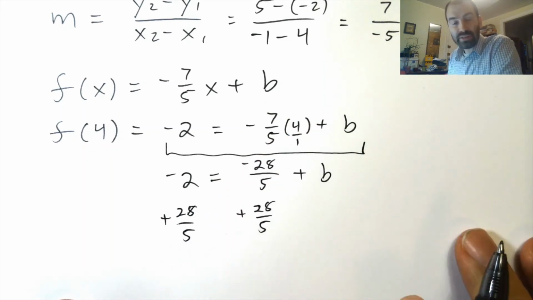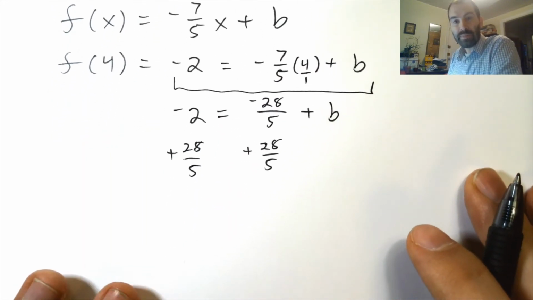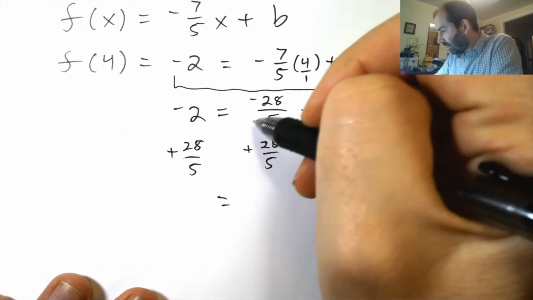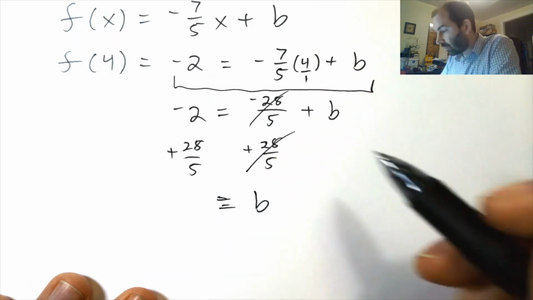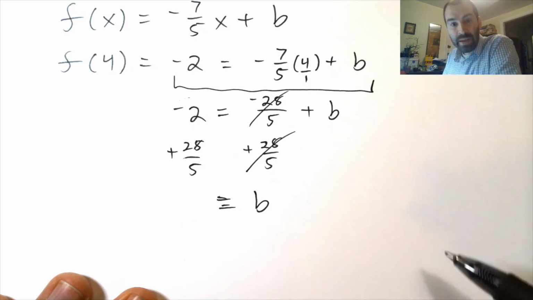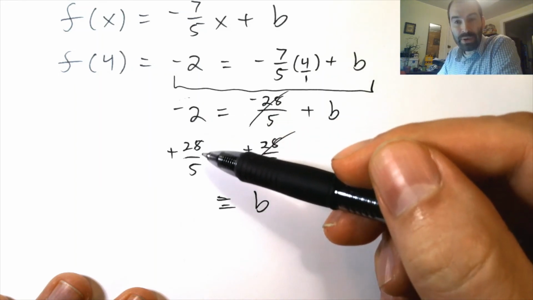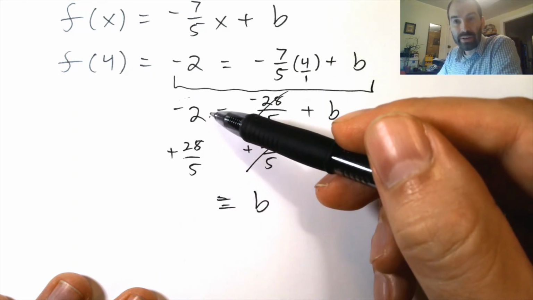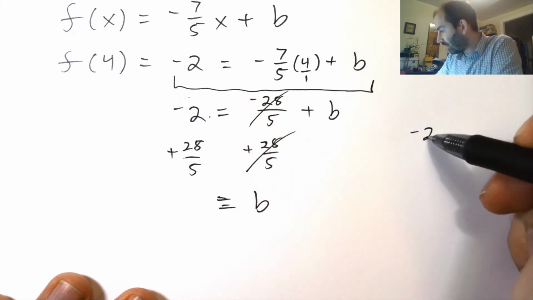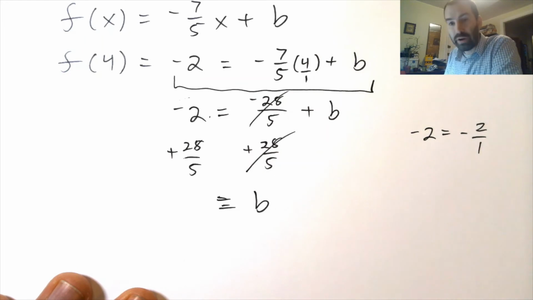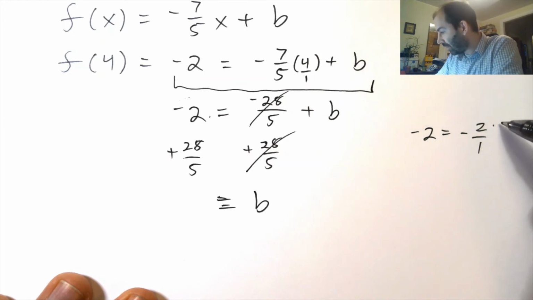to both sides. Okay. Well, these are going to cancel off. I just get a b. So whatever this is going to be my b. Now how am I going to add these? Well, I need a common denominator, right? So I'll multiply the numerator and denominator of this. Remember, negative 2 is the same thing as negative 2 over 1. Multiply the numerator and denominator by 5.